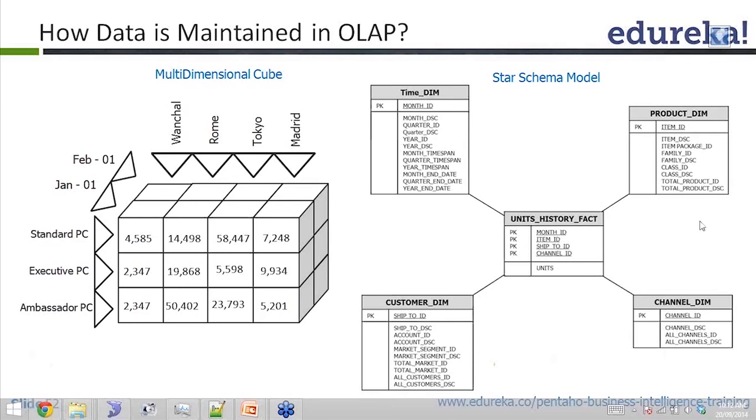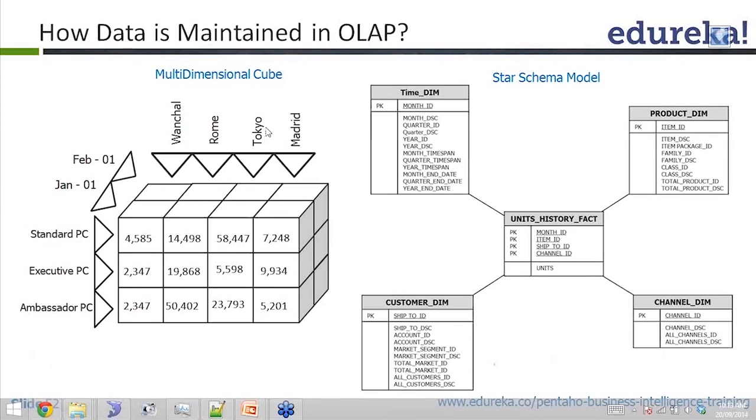Depending on your dimension, you can dive deeper and extract the values. In the center, you can see units history fact. So these will be facts, which is the number of units. If you select month as February, product dimension as standard PC, and channel, let's assume none, no channel and no customer, then this becomes a perfect analogy of a three-dimensional database. Okay, the channel here is actually mentioned as Vanchal, Rome.